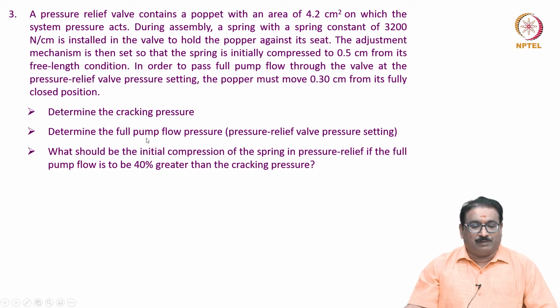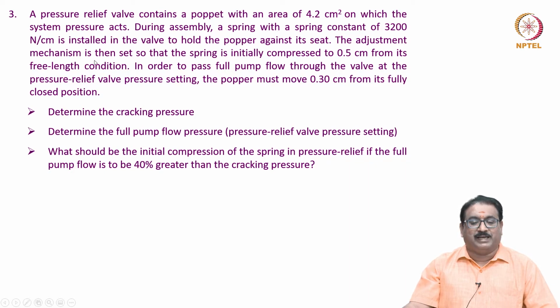Third, quickly we will see one more problem. A pressure relief valve contains a poppet with an area of 4.2 centimeter square on which the system pressure acts. During assembly, a spring with a spring constant of 3200 Newton per centimeter is installed in the valve to hold the poppet against its seat.